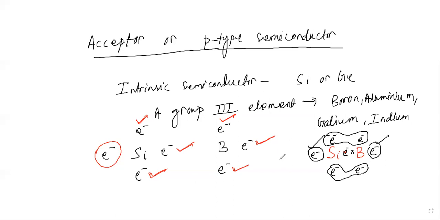Now if an electron were to occupy this empty position, its energy would have to be greater than that of the valence electrons, and only then can it take it. In the band structure, suppose we have the conduction energy band EC, and then you have the valence band here.